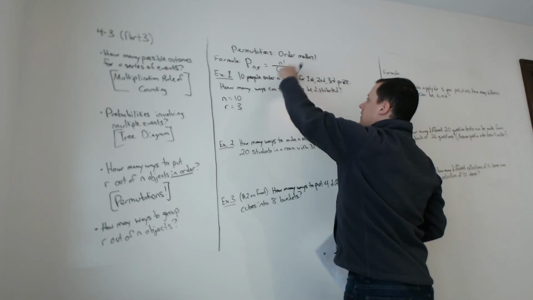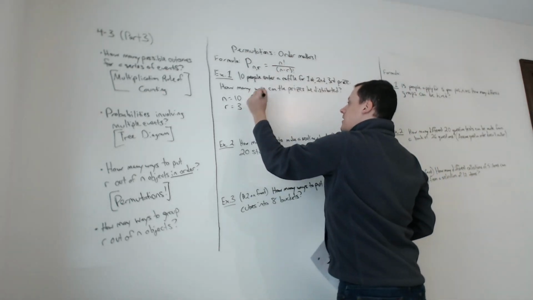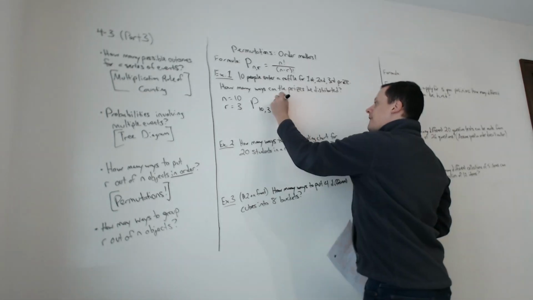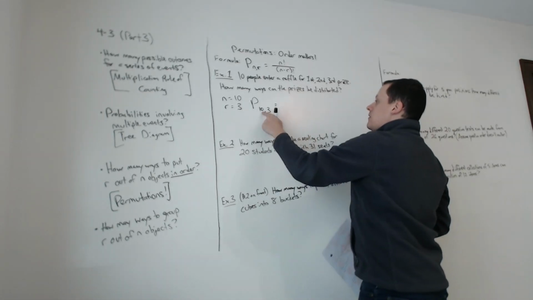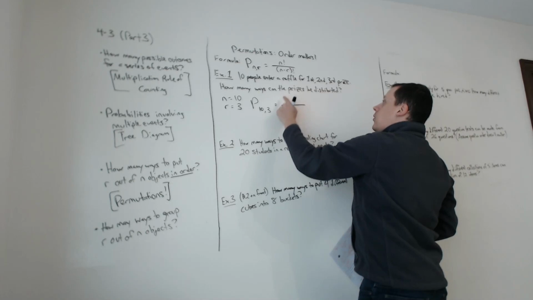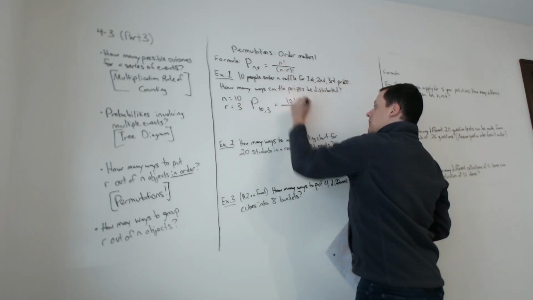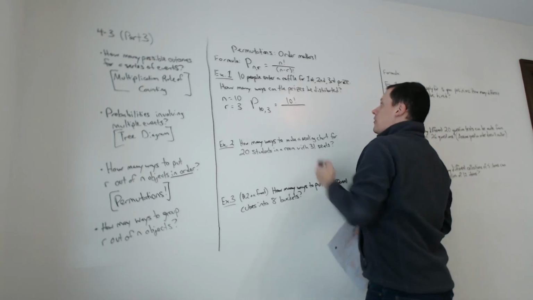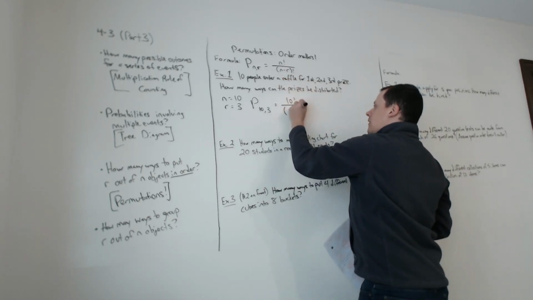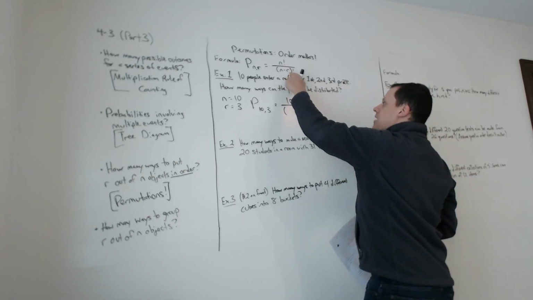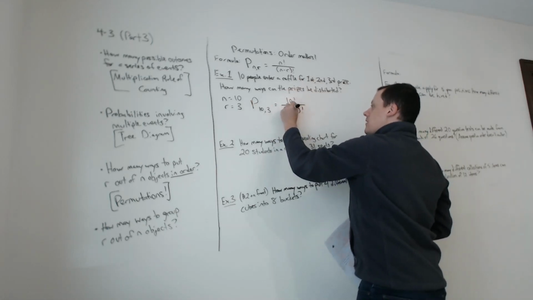So we want to calculate this. So P of 10, 3 is going to be equal to, we're going to have n factorial on top, so that's 10 factorial, over, this is going to be n minus r, or 10 minus 3.